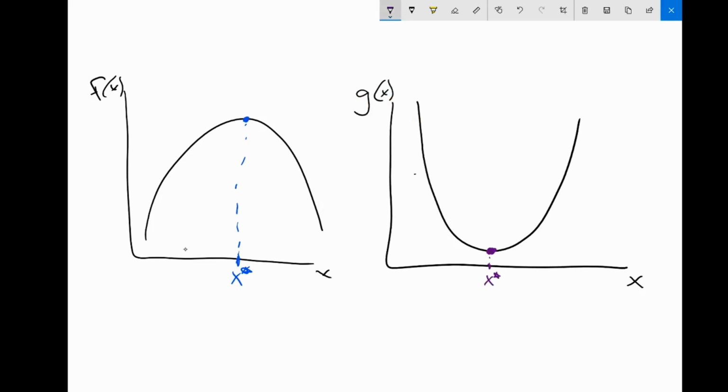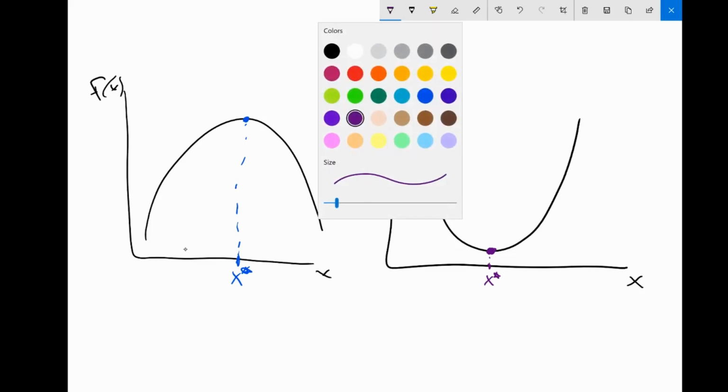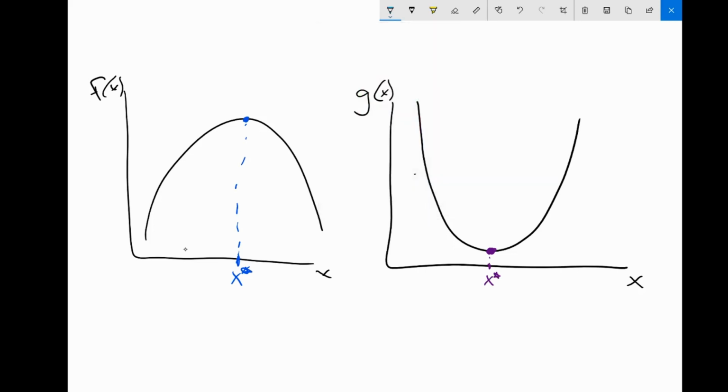Now, what is the slope at this point? Well, we know that f prime of x equals 0. But now let me ask you this question. What is the slope here? Here we know that g prime of x equals 0. Well, now we have a bit of a problem.